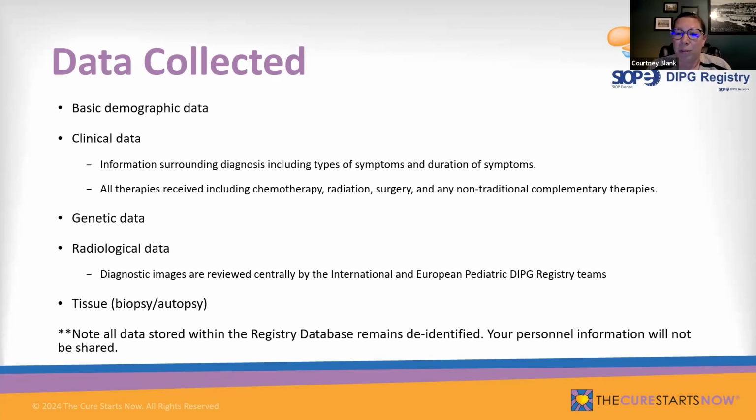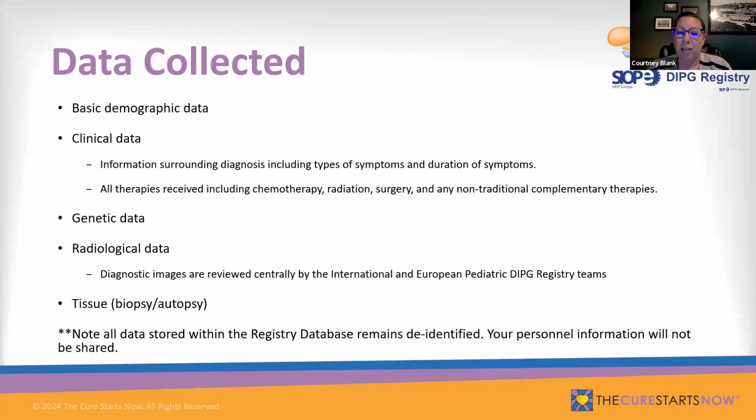Because we want to know if people are seeking non-traditional therapy and not just going the standard radiation and chemo routes. Any genetic data, if you had a biopsy or had any genetic testing done, radiological data, so all of your diagnostic imaging and MRIs, the baseline or your first images that have been obtained, we like to centrally review.